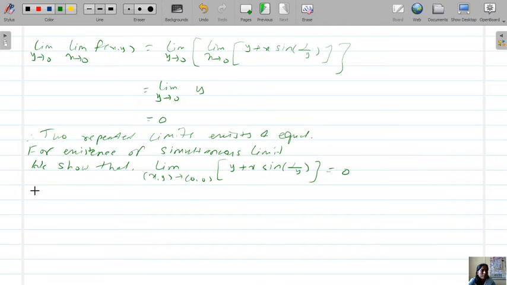So we use the epsilon delta definition of limit.